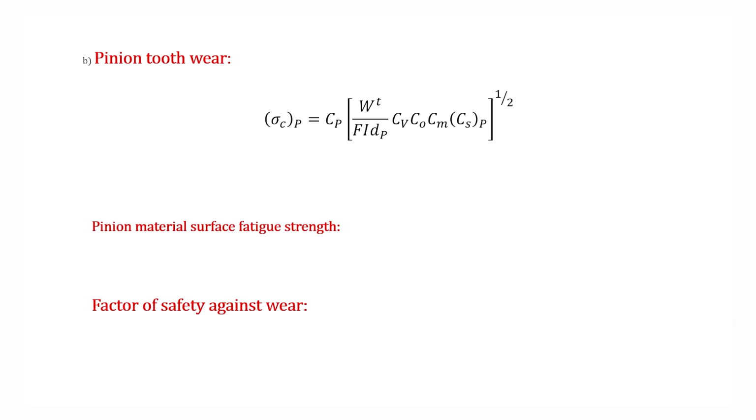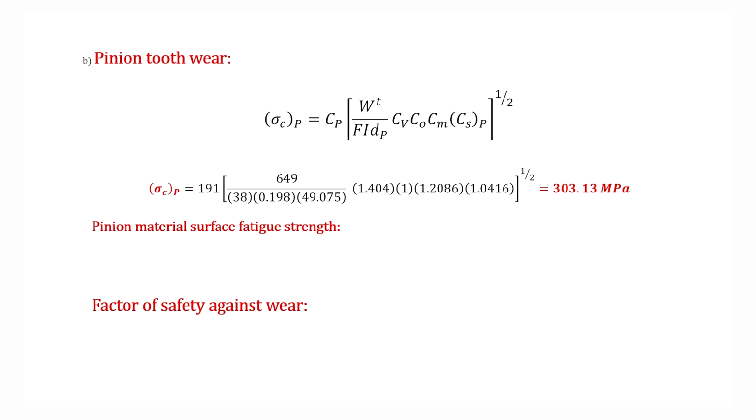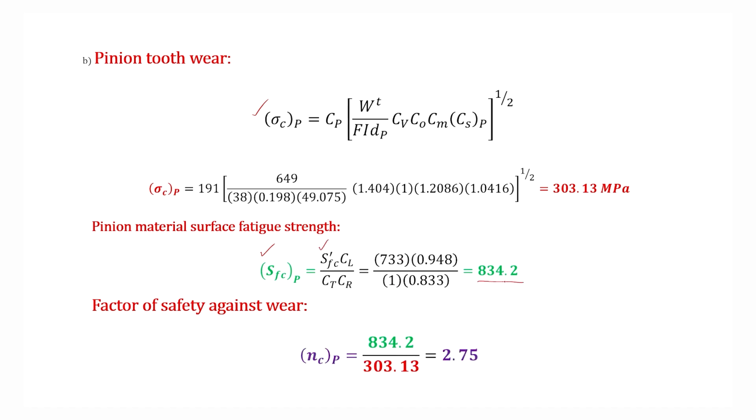For the surface stress for the pinion, this equation will give you the value of surface fatigue stress, and this is giving you, after substituting all the factors and this SFC dash, which is 733, this one. And so, the factor of safety of the pinion against contact stress is 2.75, this divided by this.